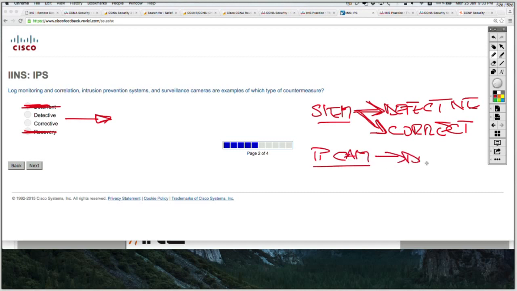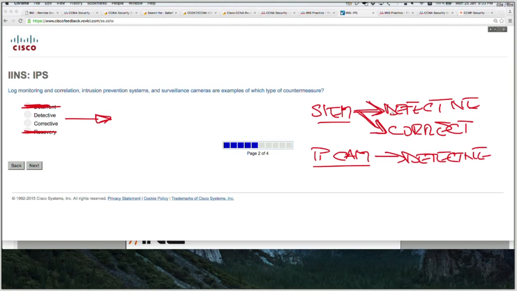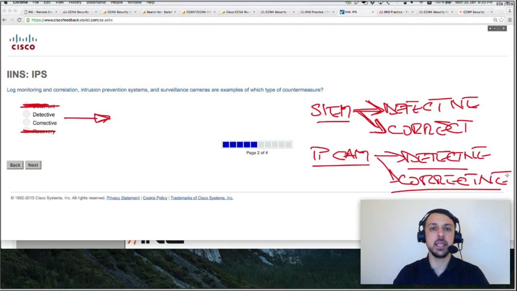Then IP cameras, they are primarily detective. They detect motion, but they can also be corrective. Likewise, you may have an IP camera system which, if it detects movement at 3 a.m. in a specific area of the company's headquarters, can take action.